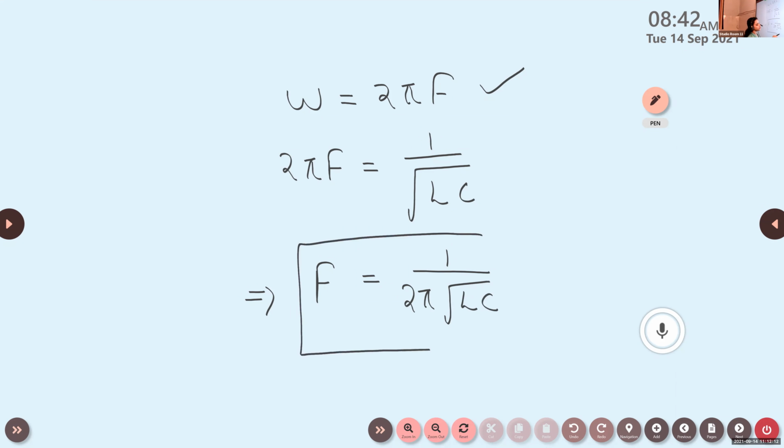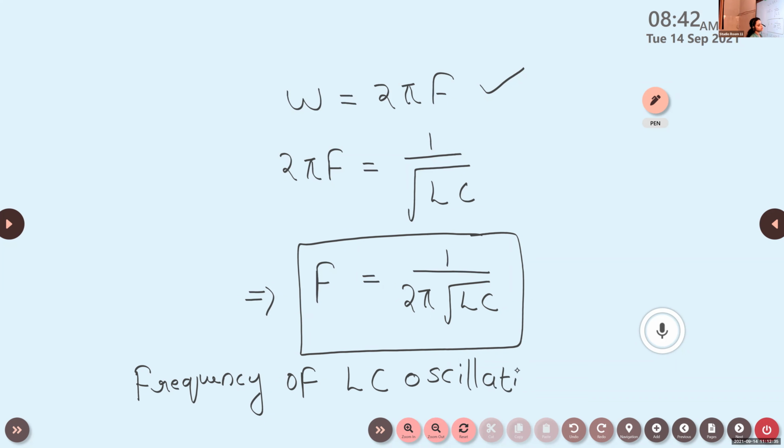So this is the expression for calculating the frequency of LC oscillation. The frequency of LC oscillation is given by f is equal to 1 by 2 pi root LC.